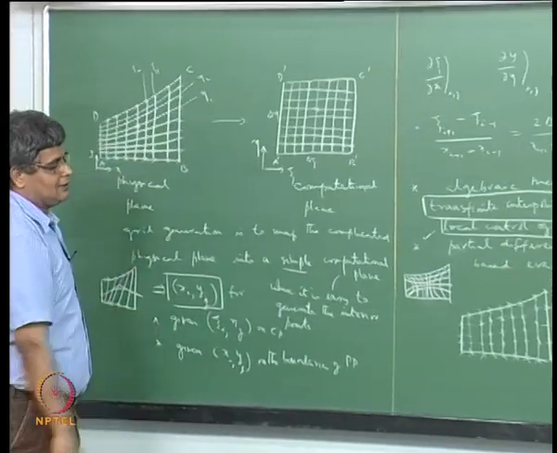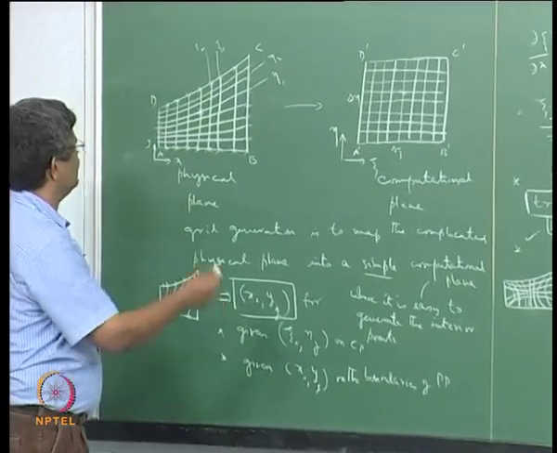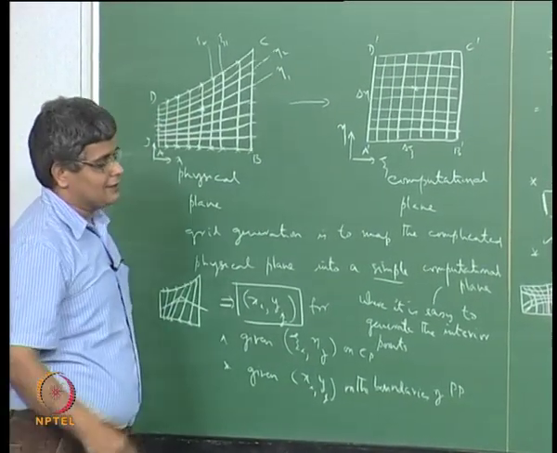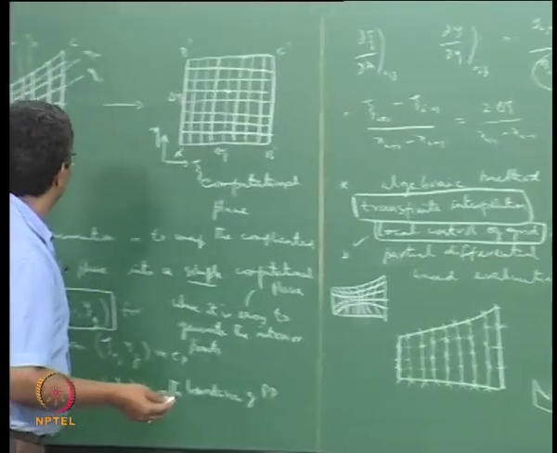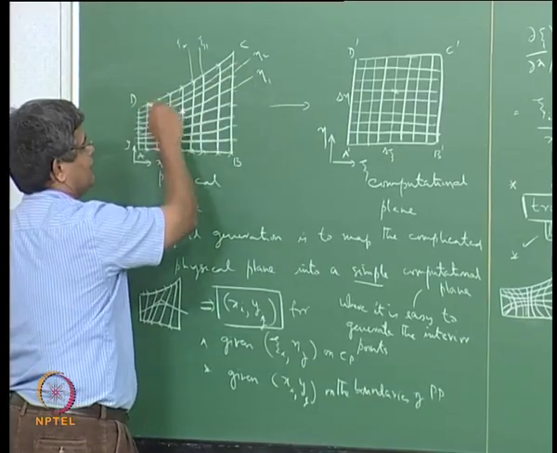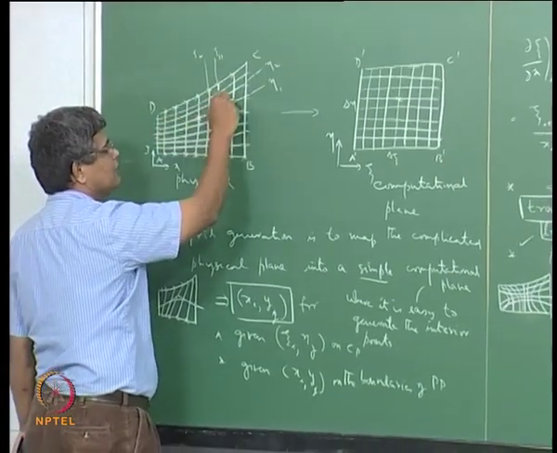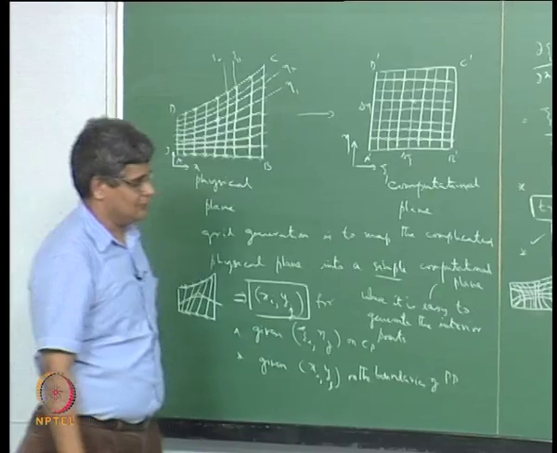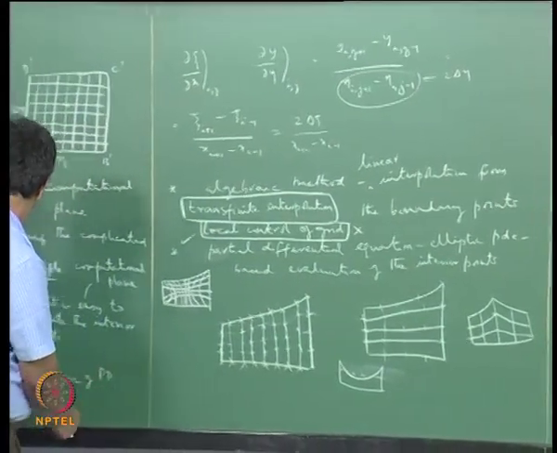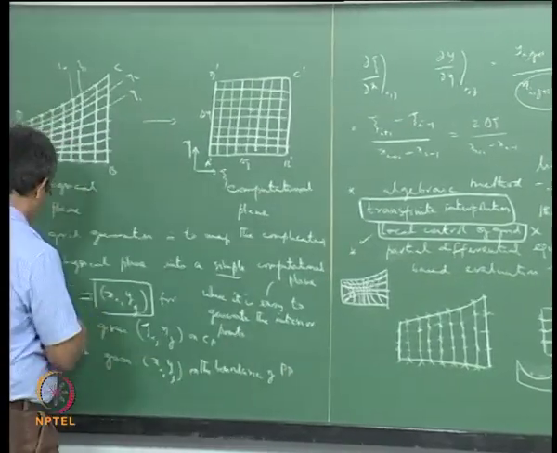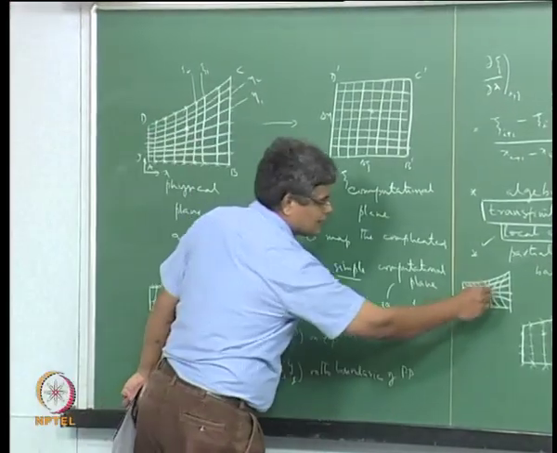So that is how we can generate the internal points in such a way that the constant psi and eta lines are very smooth within the domain. So they show a smooth variation like what we have shown here or here.